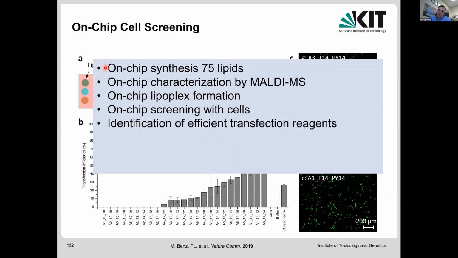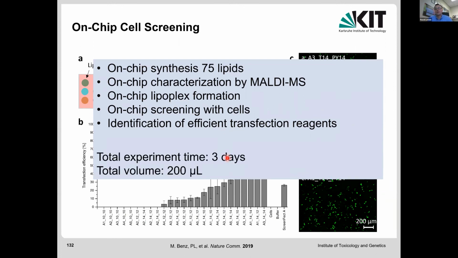And all of this, from the synthesis to the cell transfection experiment and the identification of efficient transfection reagents, just took 3 days and 200 microliters of solvents, which shows the potential of miniaturization, parallelization, and integration of chemistry and biology. Because usually to do this synthesis of 75 lipids and then screening, it would take at least 3 months or more for one student. But because of this combination, miniaturization, everything becomes faster.